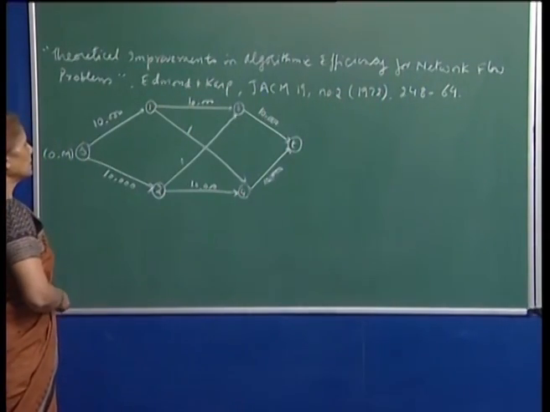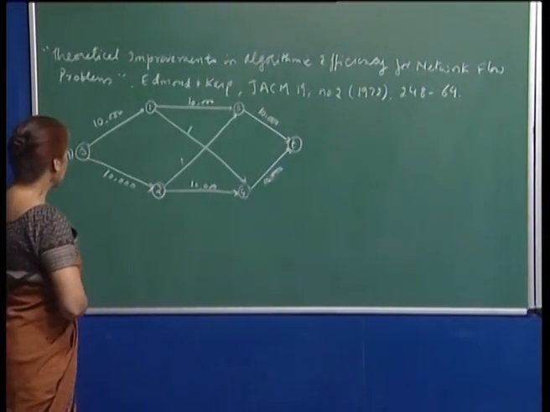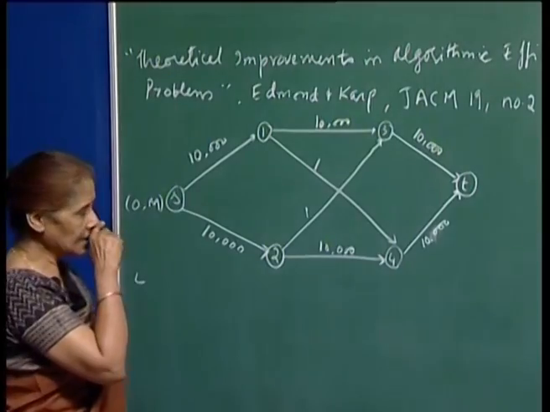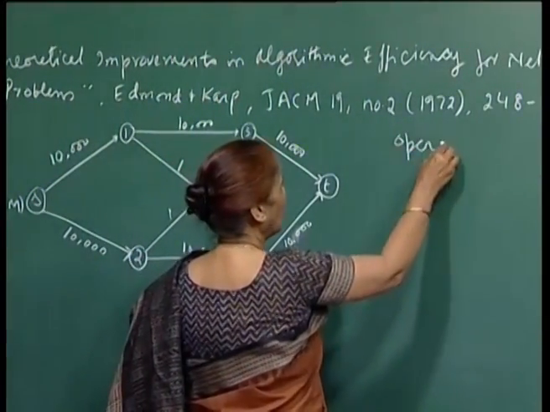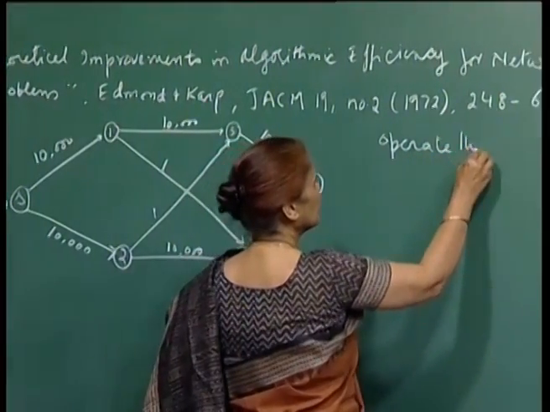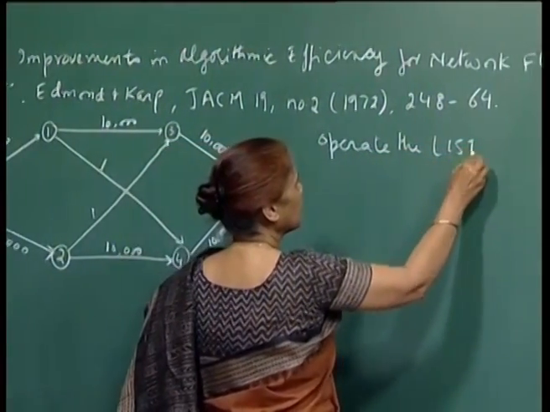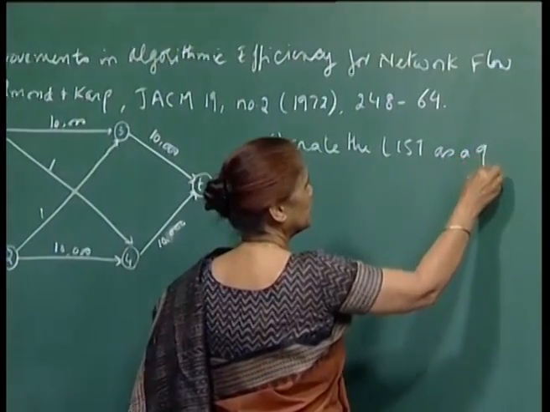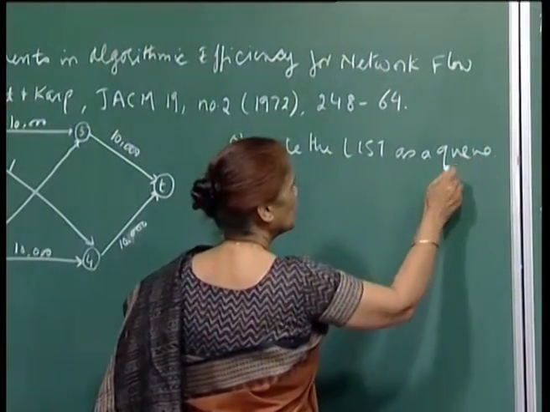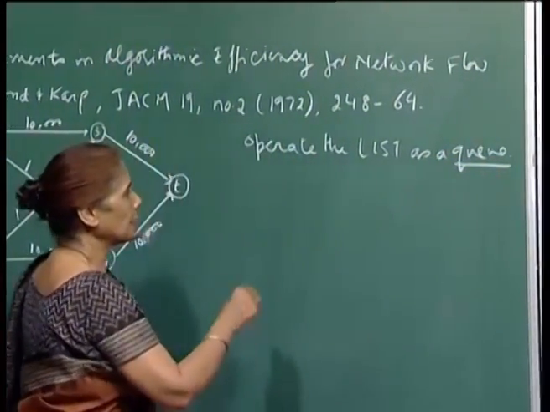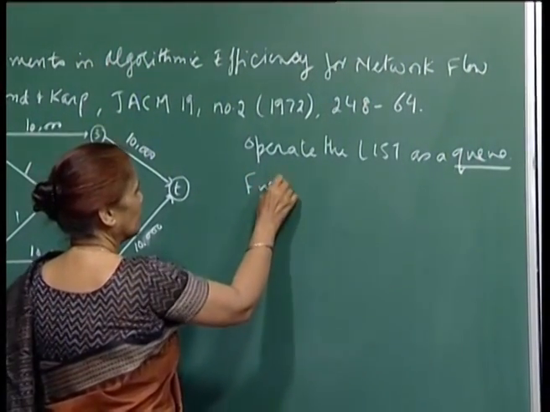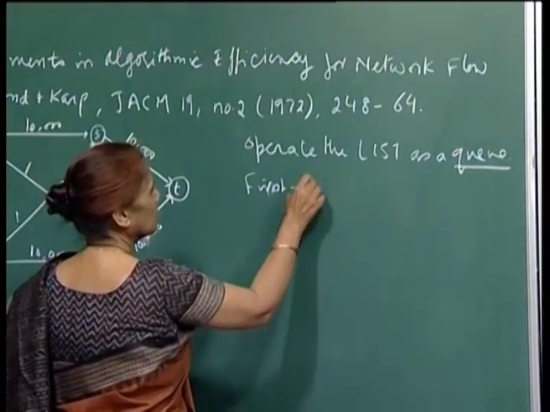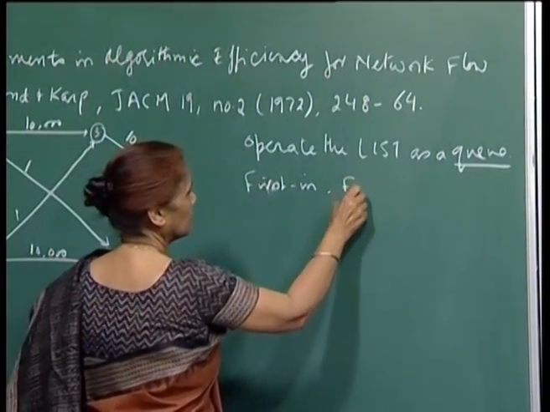So, the idea given by Edmonds and Karp is that you operate the list as a queue, and you understand what it means. That means first in, first out.